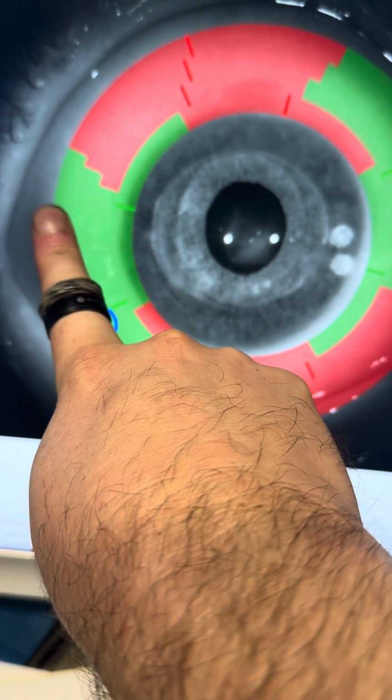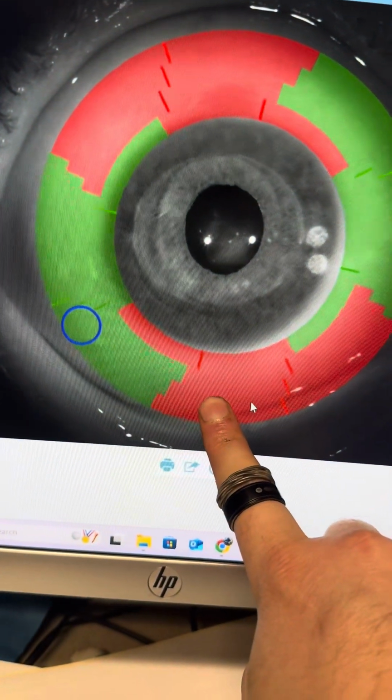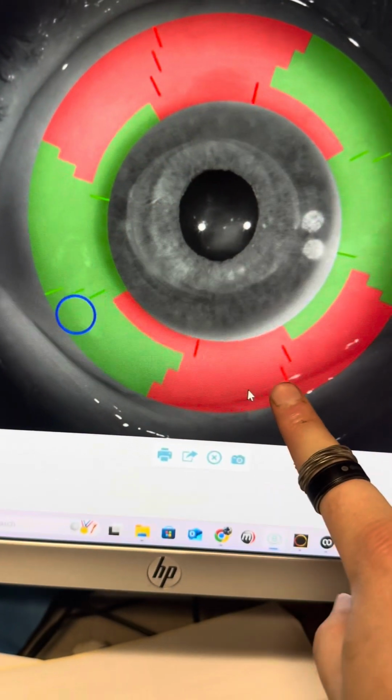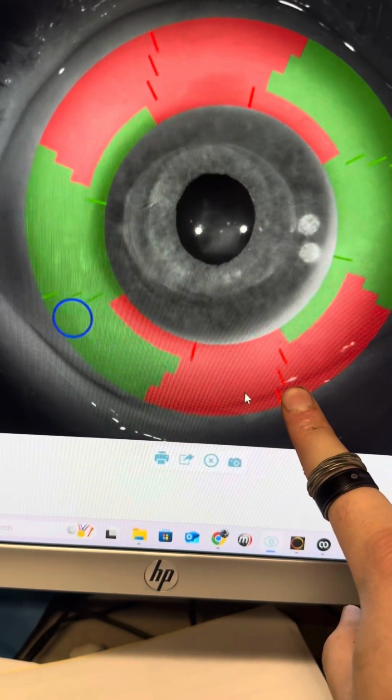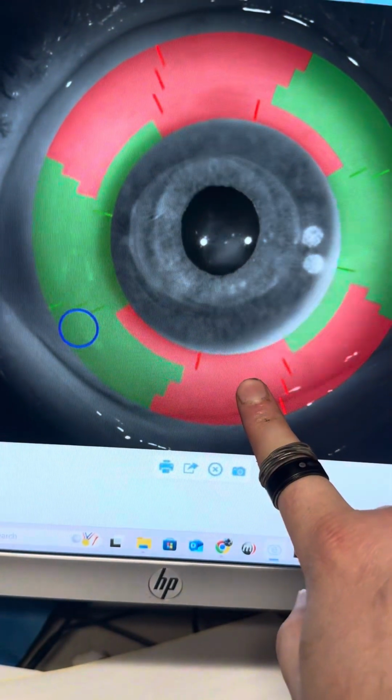Whereas if the dot were at 6 o'clock, that change would end up being somewhere up here, okay? But you're reporting it at 4 o'clock so that they know to make the change here relative to the dot.